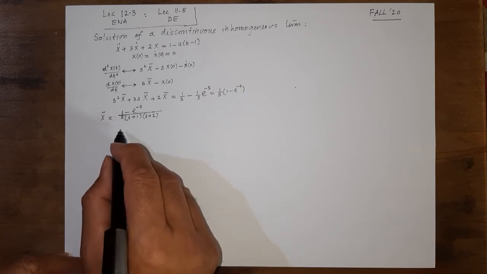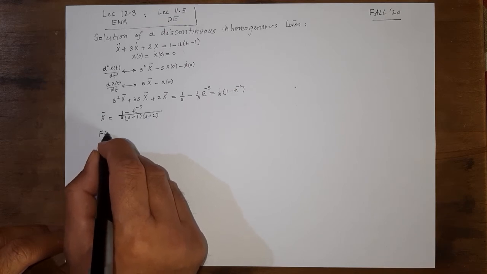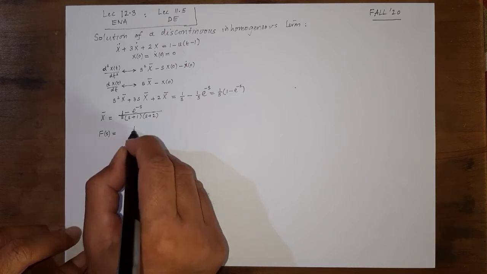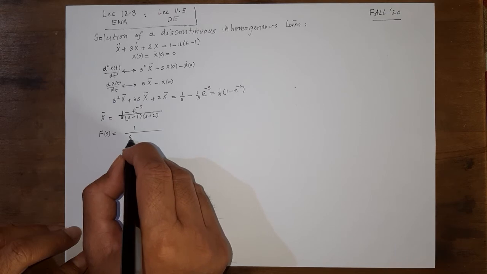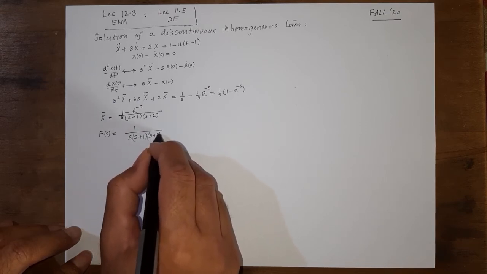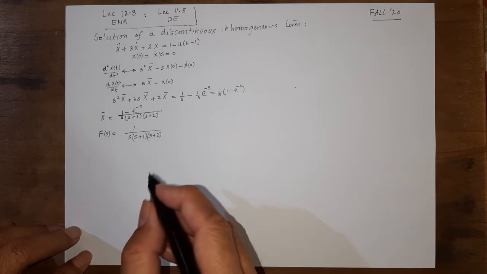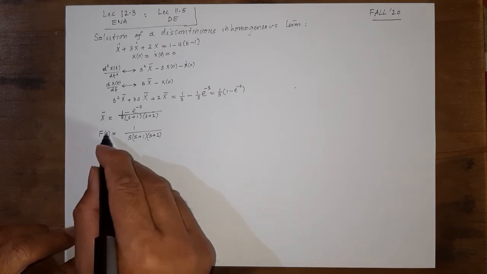So you see, we can take this 1 over s(s plus 1)(s plus 2) as the Laplace transform F(s) of some function f(t).